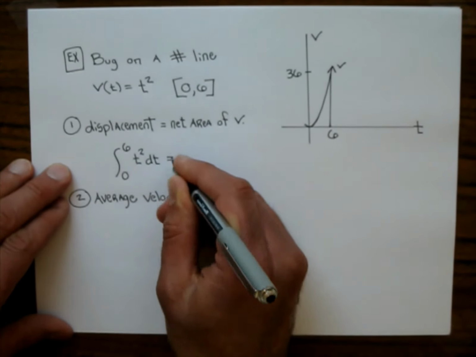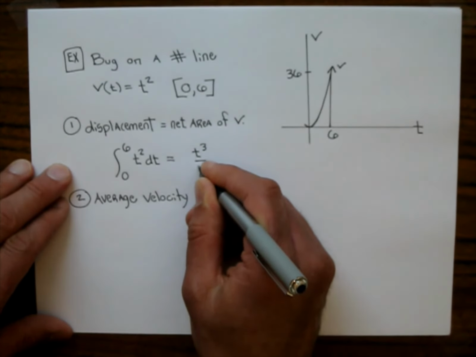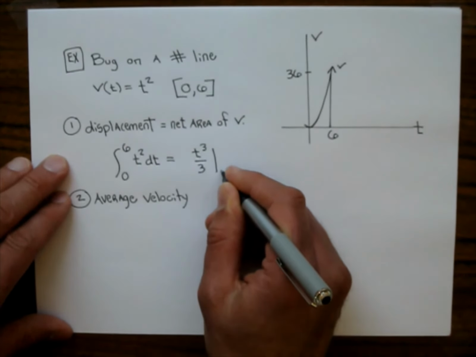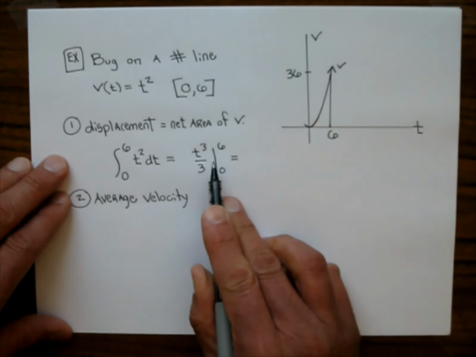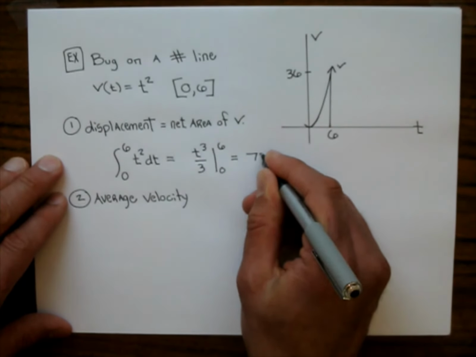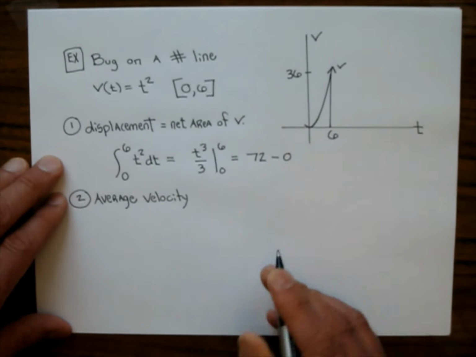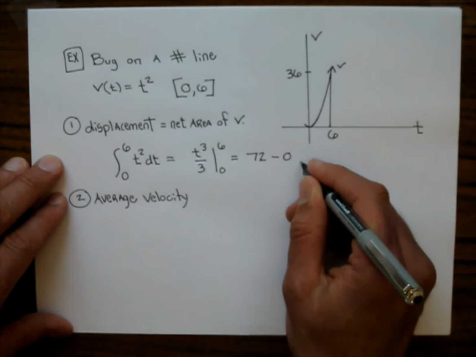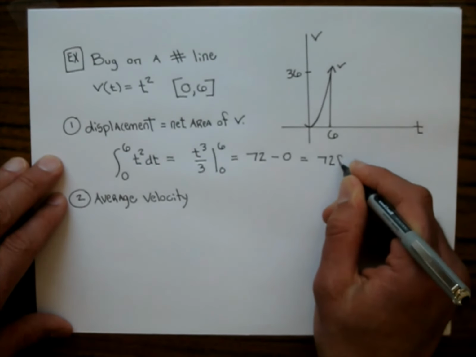So let's go ahead and do this calculation. We have t cubed over 3 evaluated from 0 to 6. You put 6 in there, you end up getting 216 divided by 3, that is like 72. You put 0 in there, you get 0. And so, what I'm ending up getting is 72 feet.